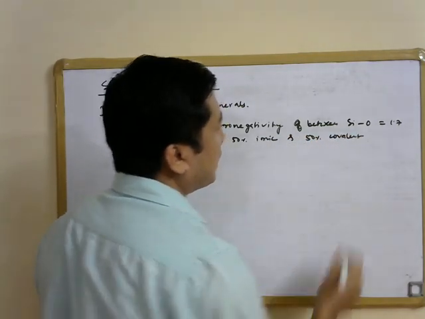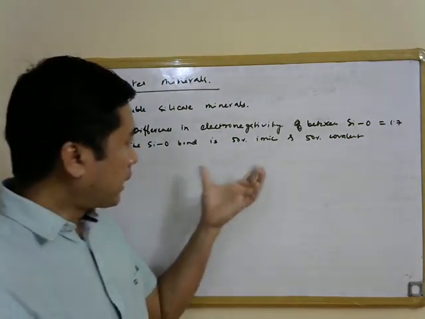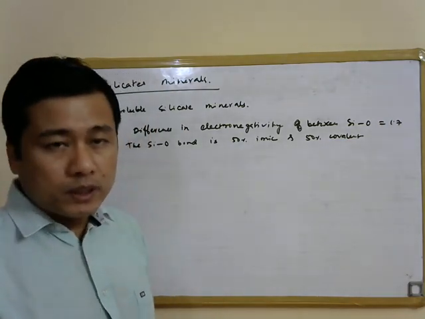So the ionic character is equal to the covalent character for the SiO bond.